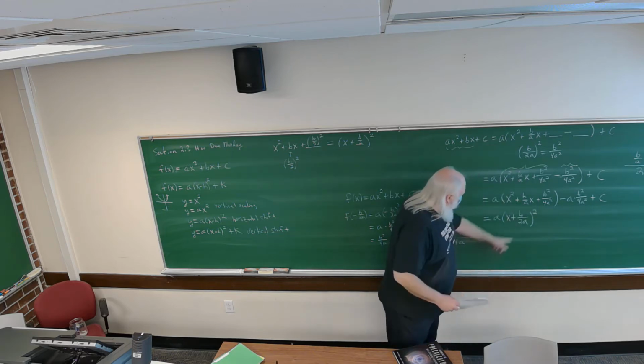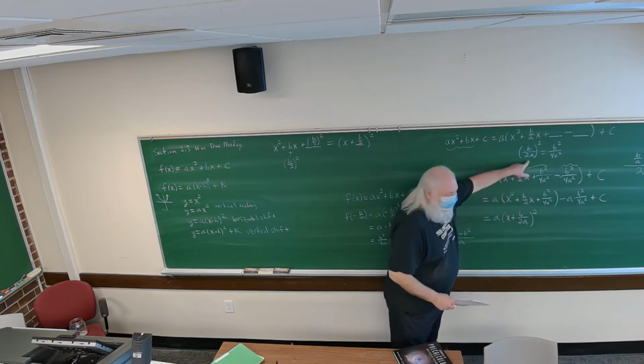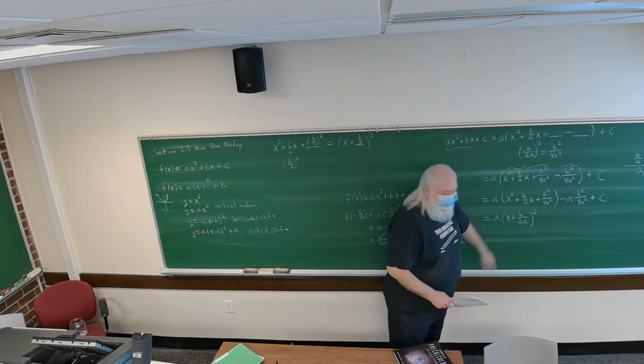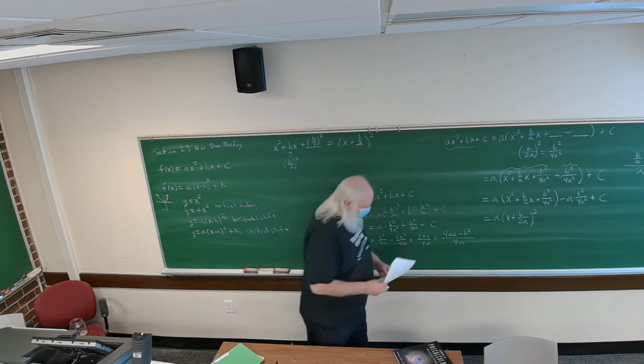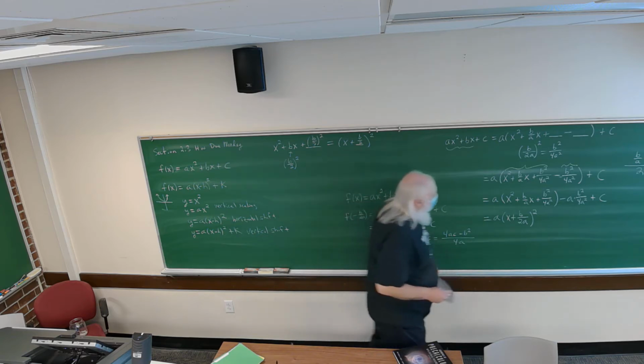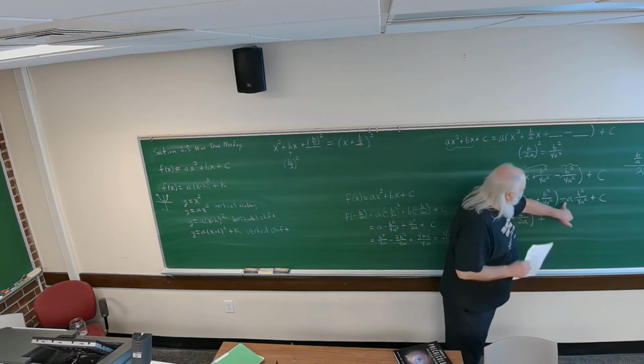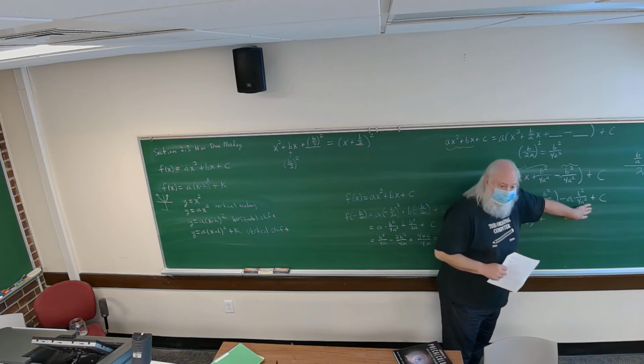How do I know it's b over 2a? Because that's what's inside the parentheses. We take the number in front of the x, divide it by 2, and square it to create a perfect square. So this number in parentheses is what goes down here. And then this part here, minus a times b squared over 4a squared plus c.